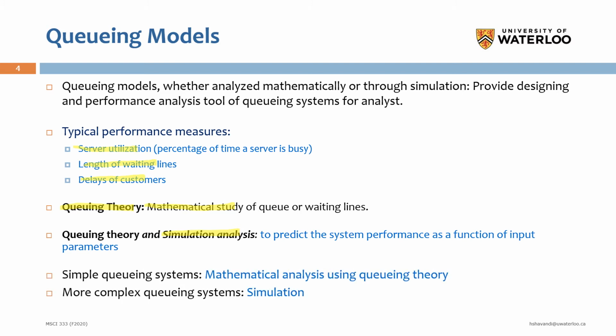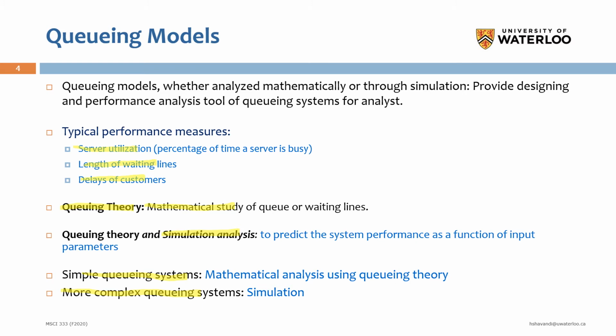Usually we can use mathematical models or queuing theory for simple queuing systems. If the service system is simple enough and can be analyzed by any of the available queuing models, we will do that. We don't need to use simulation here. But if our system is complex enough that it cannot be analyzed by mathematical models or queuing theory, then we need to go for simulation.